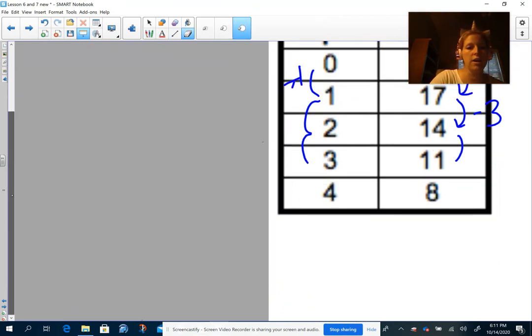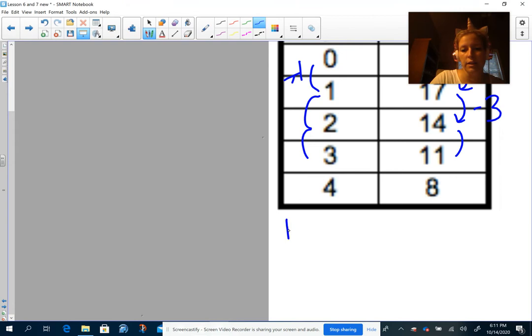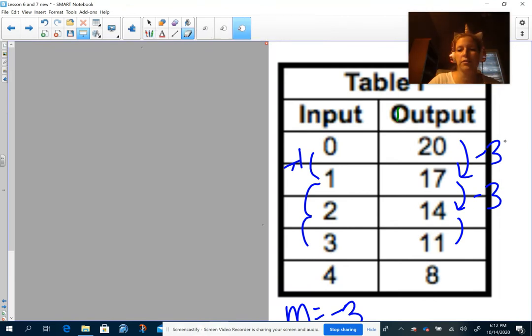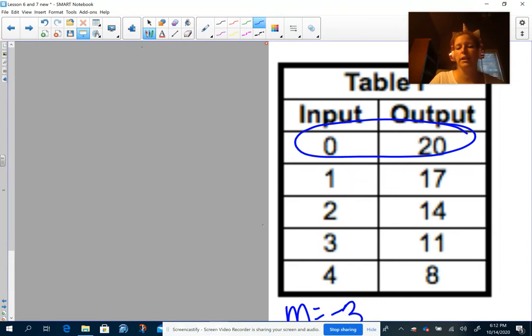So if I know that my rate of change is a -3, how am I going to find my initial value? It's right there. When x is 0, there's my initial value. And let's see if I can find it without that.